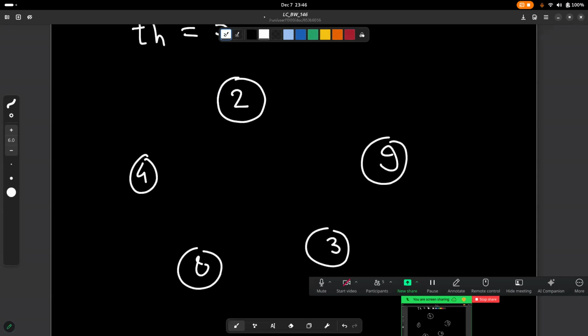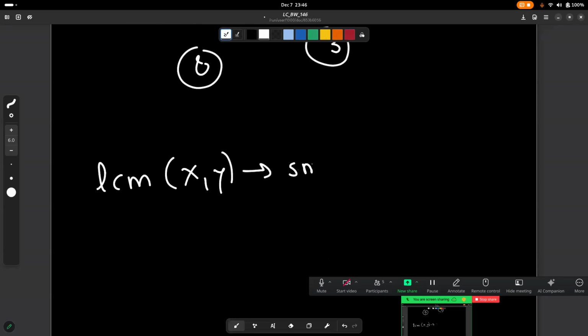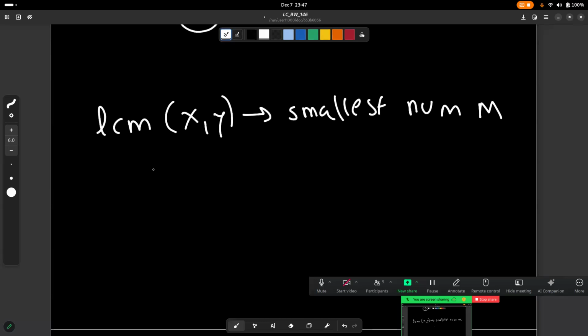And first, let's be clear on what LCM means. What does the LCM of x and y mean? It means the smallest multiple, say m, which is a multiple of both x and y.